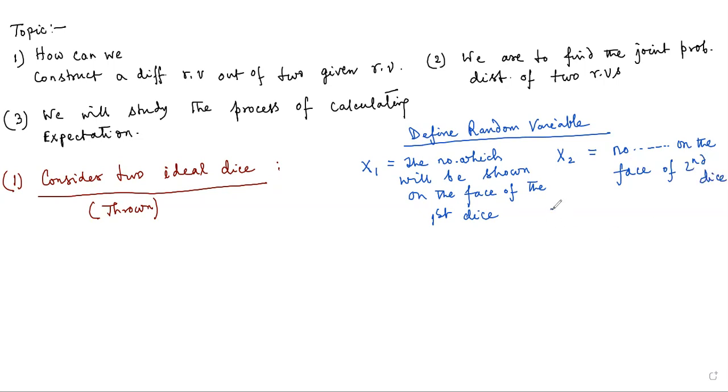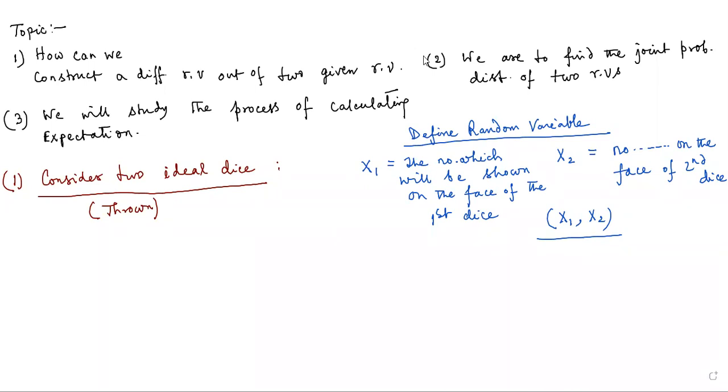And we'll construct the sample points in the following manner. First of all, we consider x1, that is, we are going to put values over there corresponding to the first dice, and then I'm going to put x2 where I'm going to put the value of the second dice.